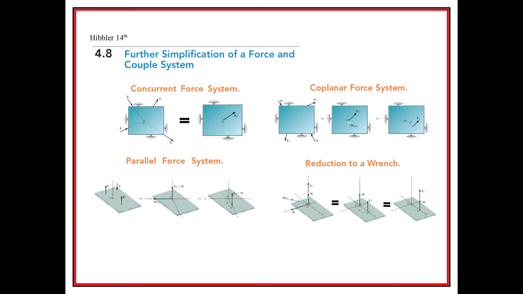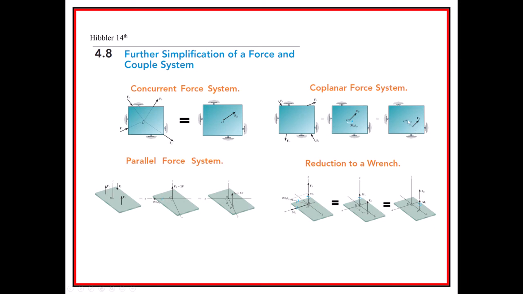The idea that we're going to see here is that we could take a bunch of different forces that are being placed onto something, and we can figure out the force couple system that would be the equivalent thing.